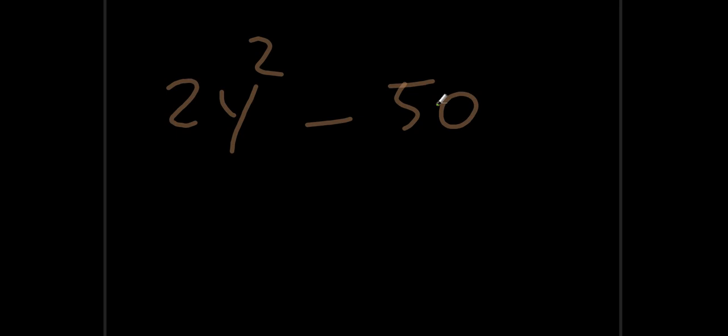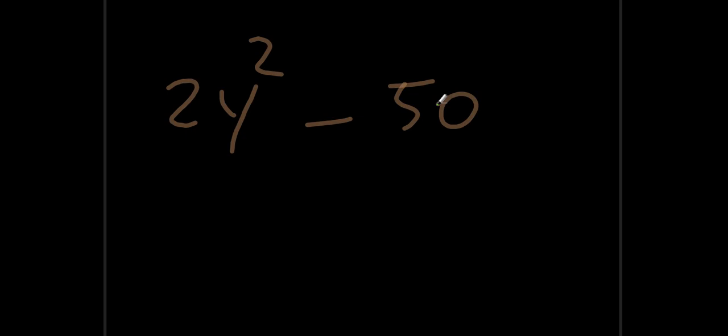Let me see. Let's say this is 2x squared minus 450. The first thing we can do, when we look at 50, is that 50 is not a squared number.